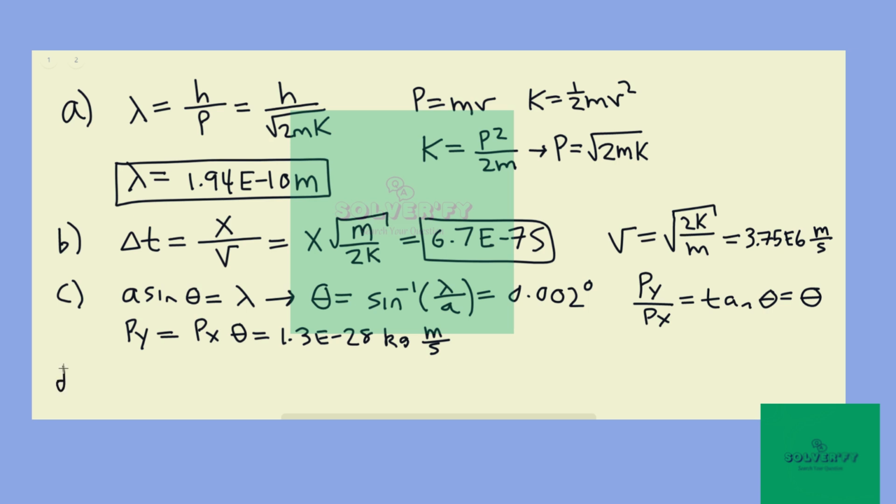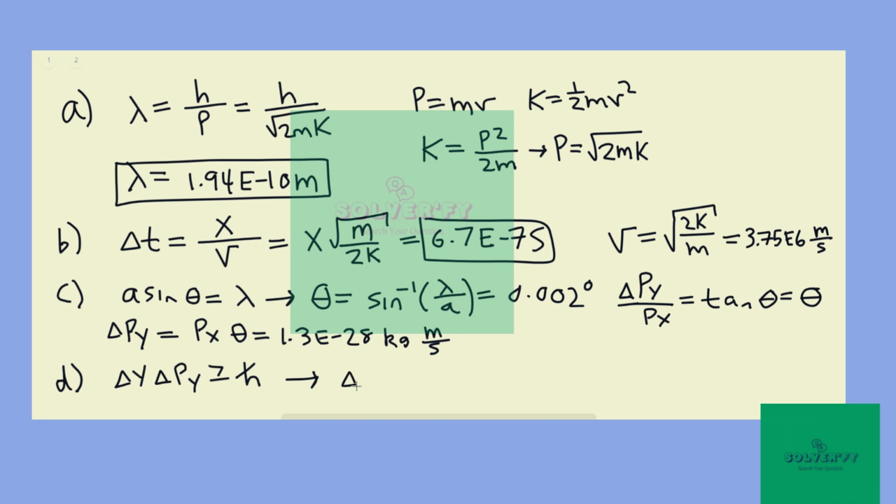For this last part, it's also worth noting that this is our delta Py. And this formula is motivated in the text. I'm simply using it. For this last part, we use Heisenberg's uncertainty principle. Delta y, delta Py greater than or equal to h bar.